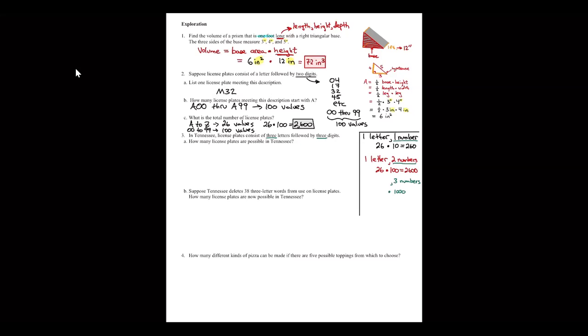The only thing we'd have to figure out is what would happen if I wanted to have 3 letters. All right. So I'll write the side work here as 1 letter followed by 3 numbers. Right. So that's 26 multiplied by 1,000. That would give you 26,000. Right. But that's the answer to a different question, but it does show the progression.